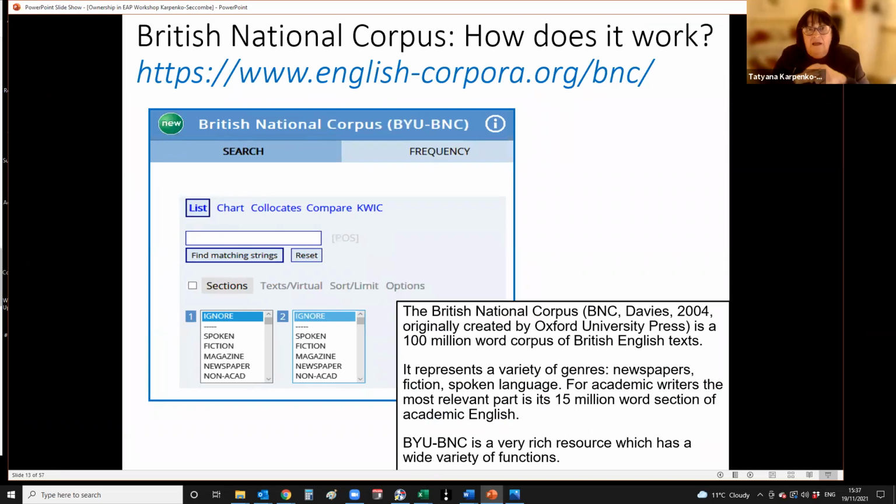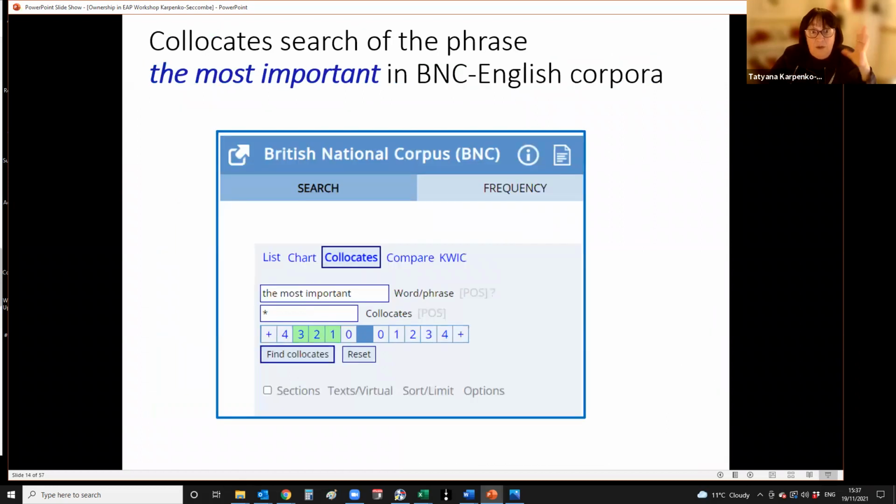Very similar searches, if you prefer BNC on the English Corpora platform, then obviously you can look at it there. I will give you an example.